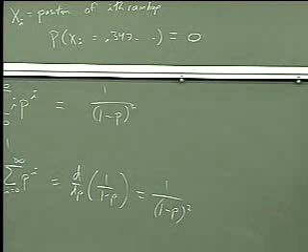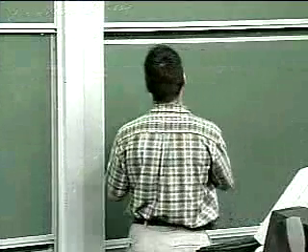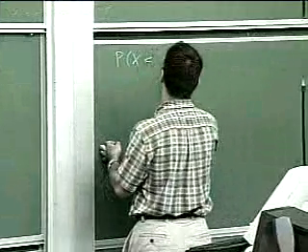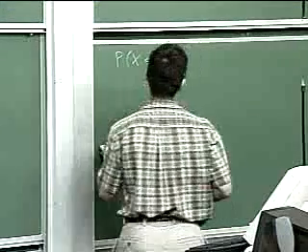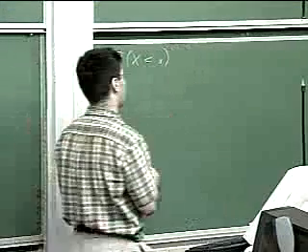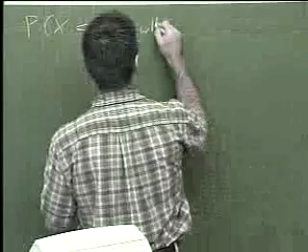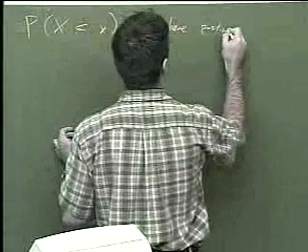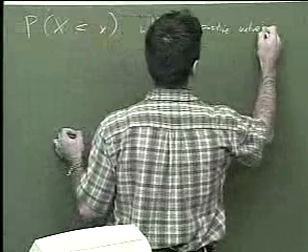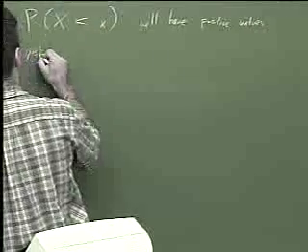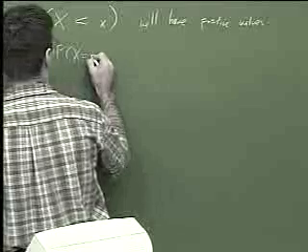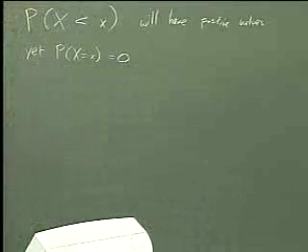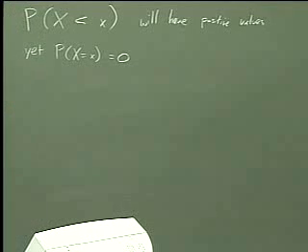So instead of talking about the probability of a raindrop falling somewhere, we're going to talk about the probability that X is less than some value little x, and this will have positive values. The probability that X equals x is 0. It just can't be measured.